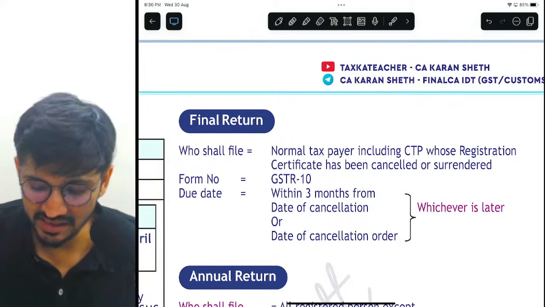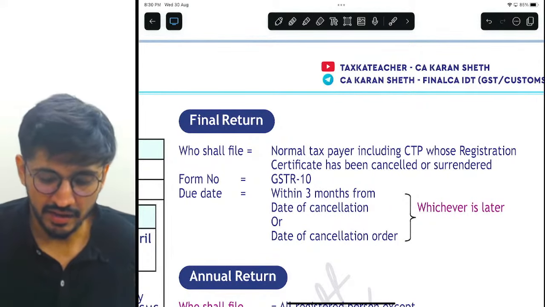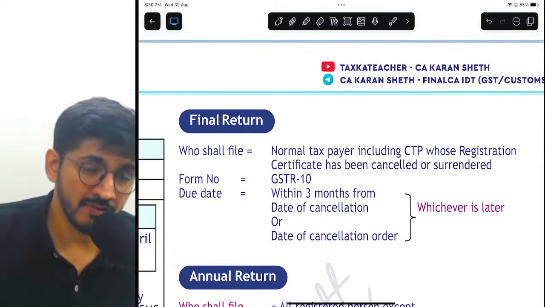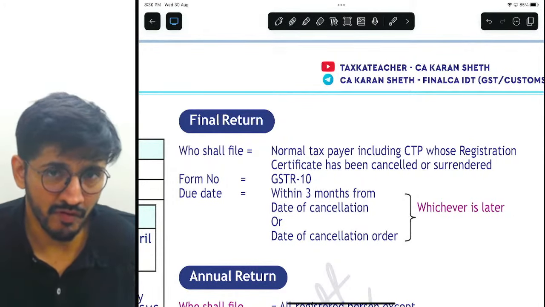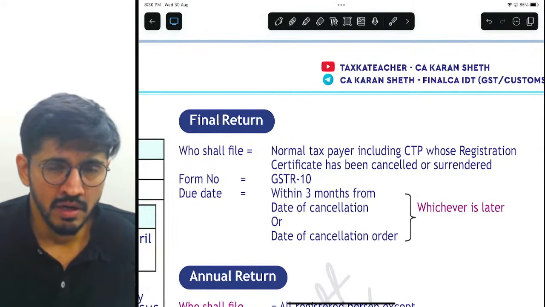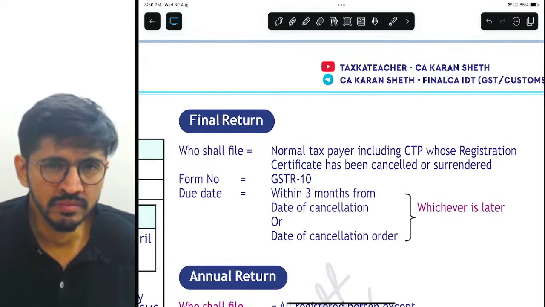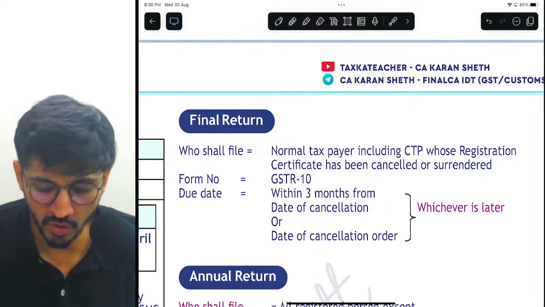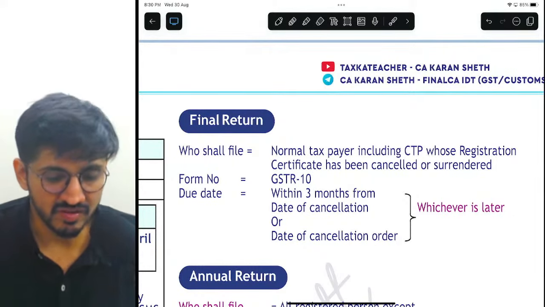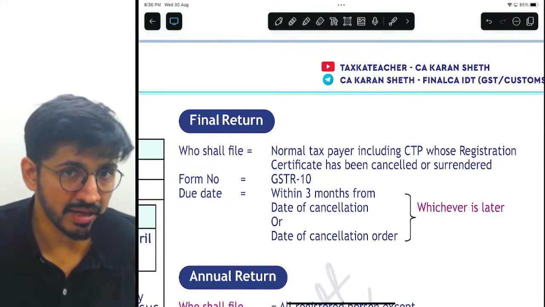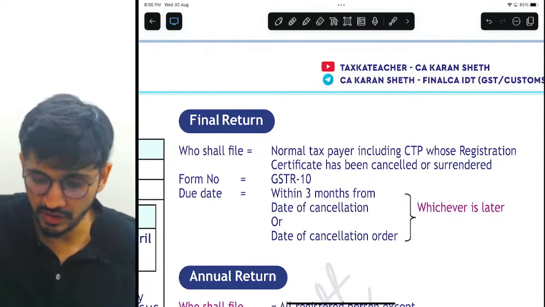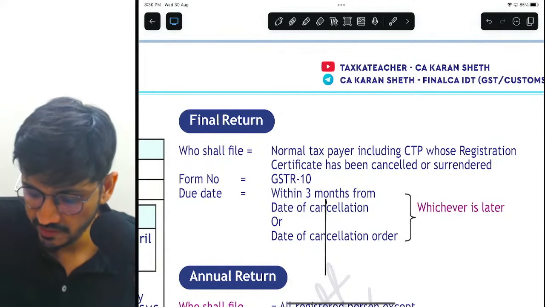If his RC is cancelled, the form number is GSTR 10, and the due date is within 3 months from the date of cancellation or date of cancellation order, whichever is later. Whichever is later. Is that very clear, my dear friends? Yes, sir. Perfect. So please understand, 3 months.